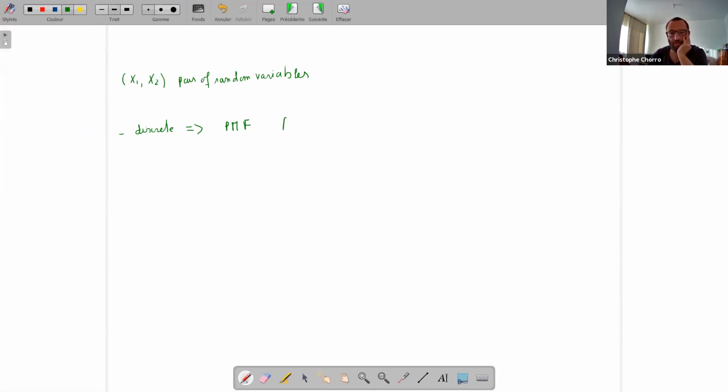That is the probability that X1 is equal to x1 intersected by X2 equal to x2, where I have my x1 that belongs to the range of X1 and x2 that belongs to the range of X2.